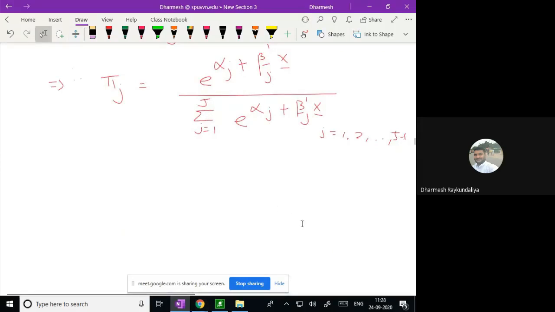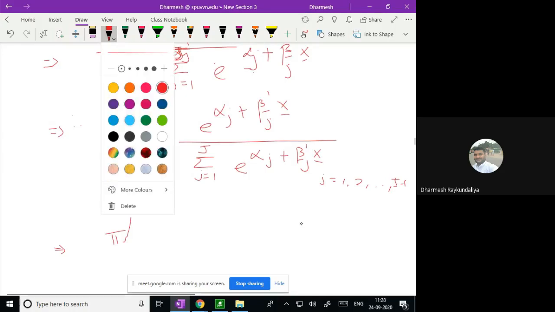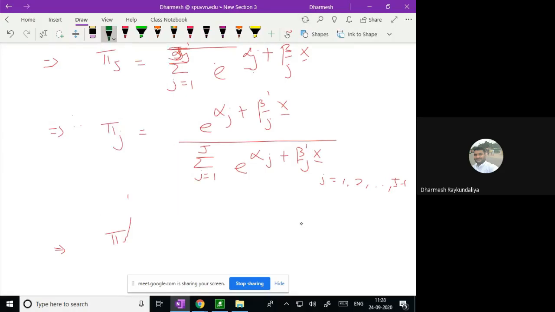Suppose I write this as this. Pi j is equal to... can I write it in this way? I have obtained this form.